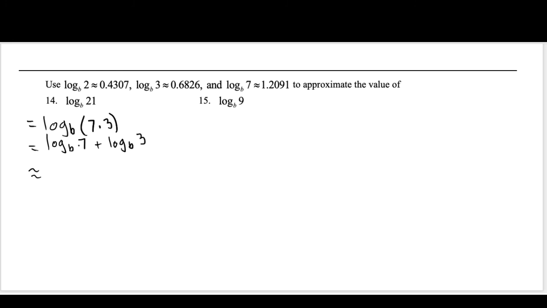And then up here, we're told that log base b of 7 is approximately 1.2091. Log base b of 3 is approximately 0.6826. And if you add those together, you get 1.8917.